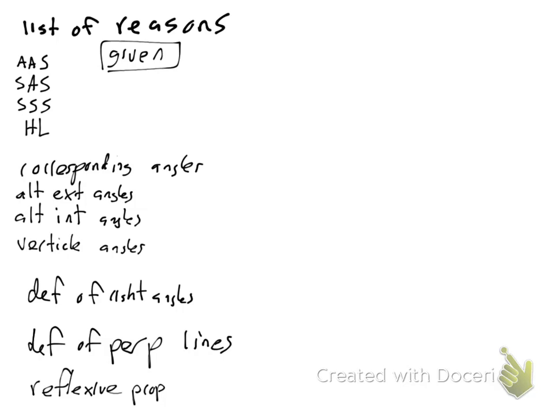So line segment CD is congruent to line segment CD because of the reflexive property. Let's see some other things that we may have to do. What about cutting things in half? We dealt with some problems that had angle bisectors, right? So definition of bisector.